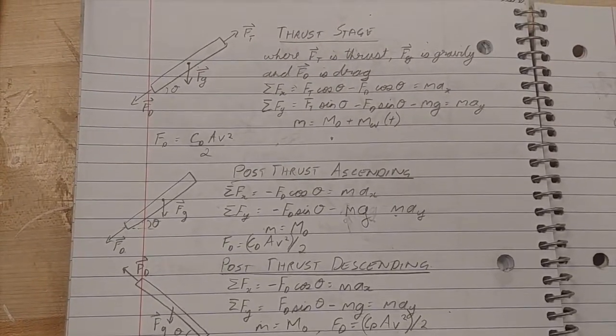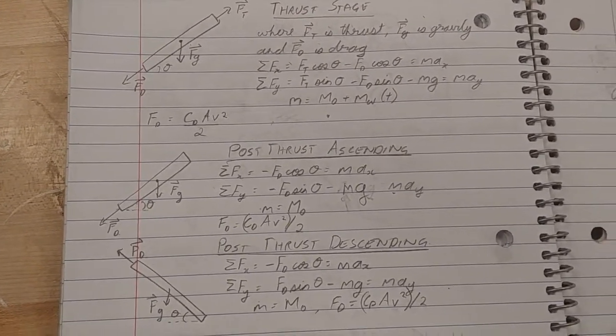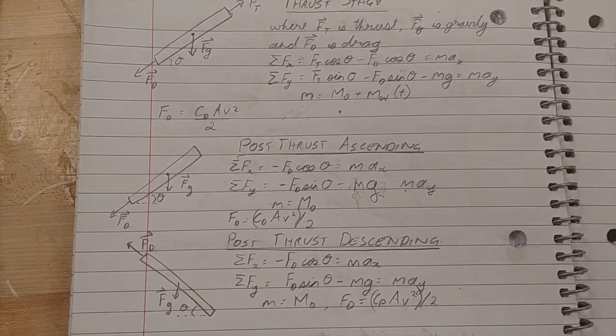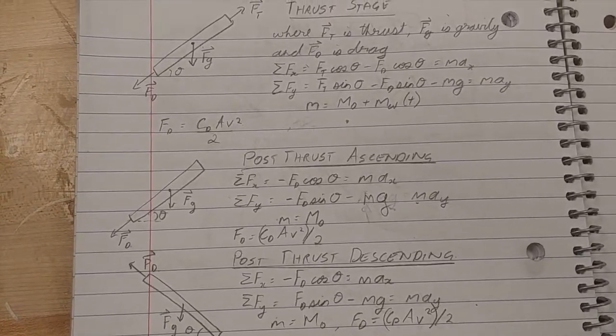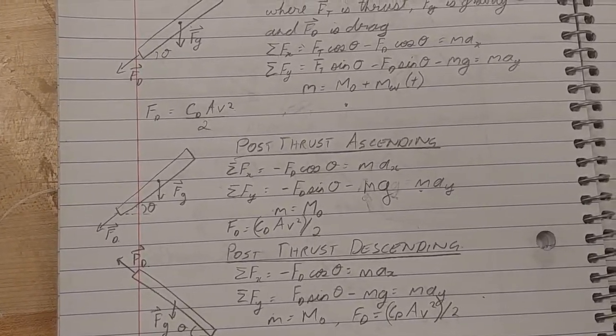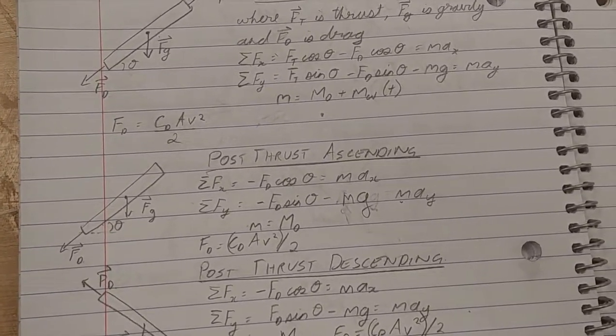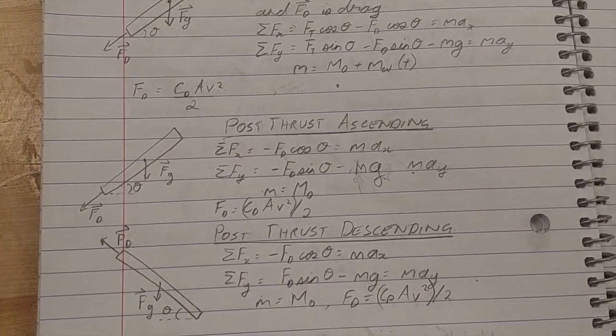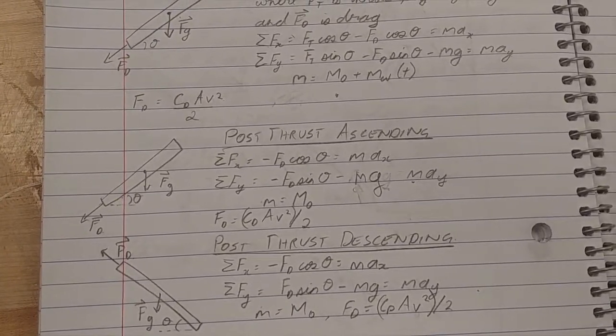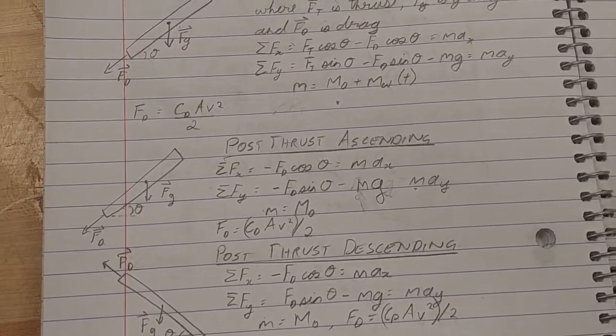The motion of the rocket can be divided into 3 stages. First, the thrust stage, where water is leaving the rocket and there's a force pushing it forward. Next, the post-thrust ascending phase, where the rocket is still moving upward, but there's no water left in the bottle. Next, the post-thrust descending phase, where the rocket is moving downwards again.